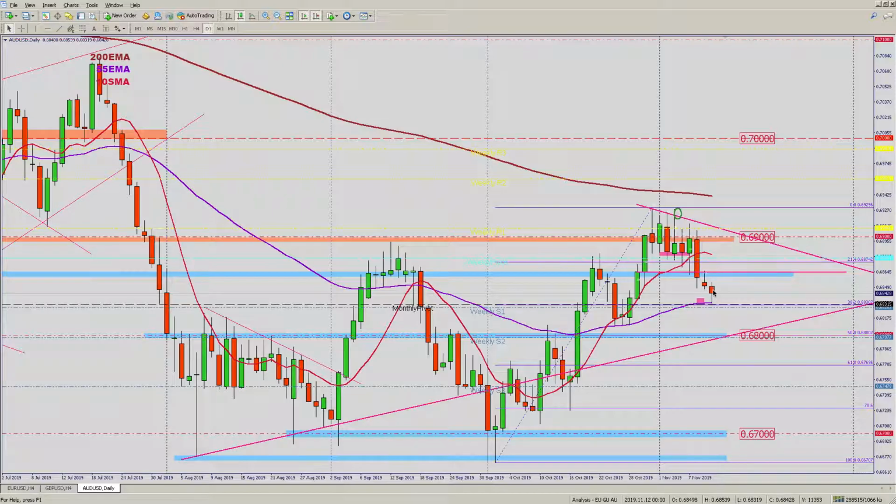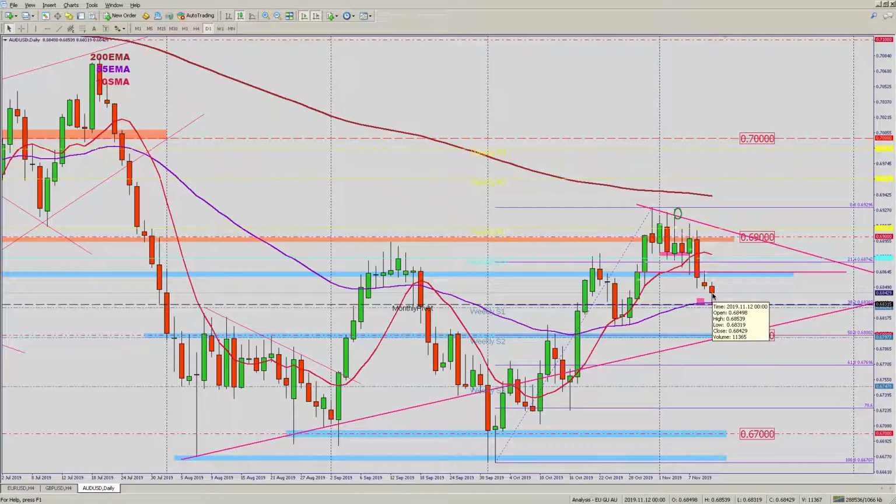And this morning it has already fallen to hit the monthly pivot line again, at 0.6831, and right near the daily 55 EMA, as well as close to the 38 fib retracement level.